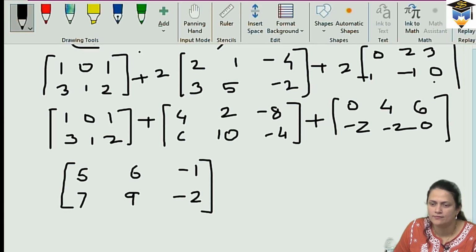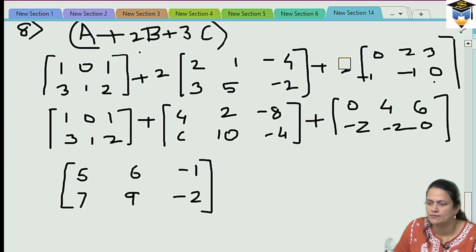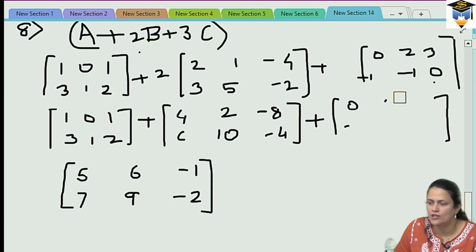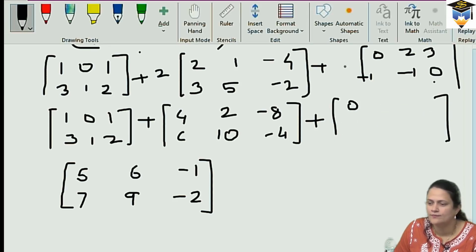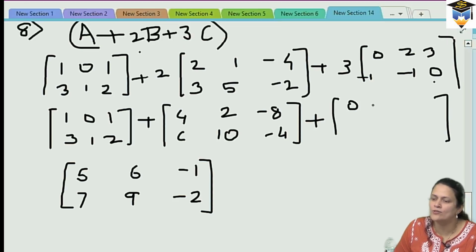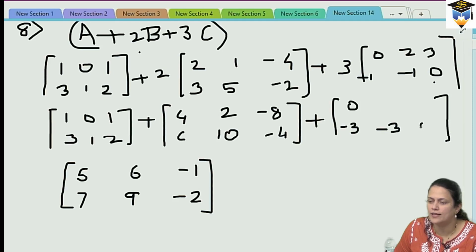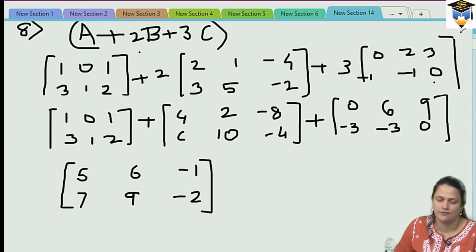So this is going to change, because we have to multiply it by 3. So 3 into 0 is 0, 3 into minus 1 is minus 3, 3 into minus 1 is minus 3, 0, 3 into 2 is 6, 3 3s are 9. Okay, so now these elements are also going to change.